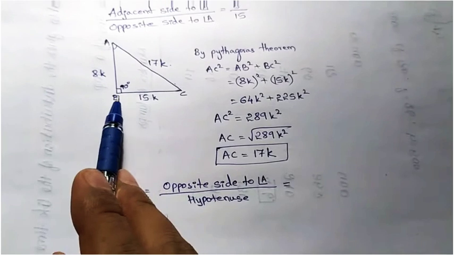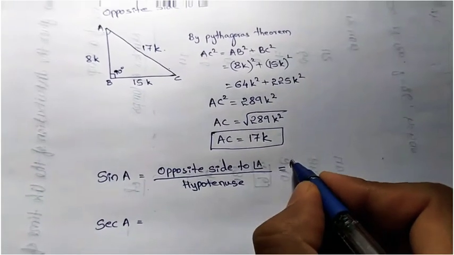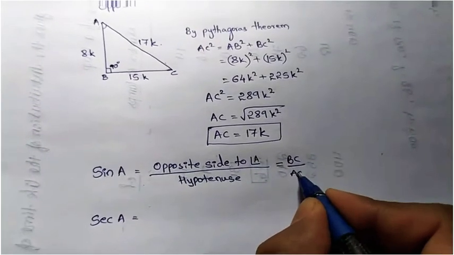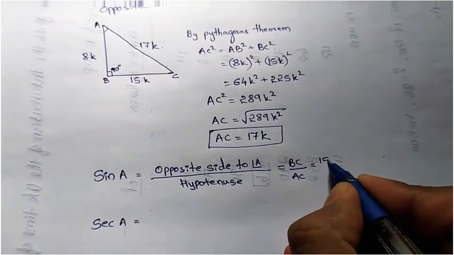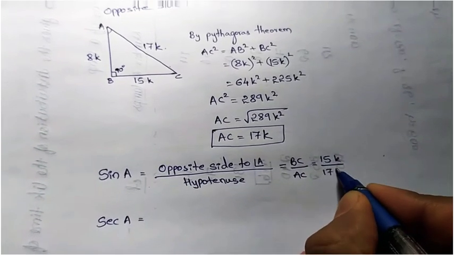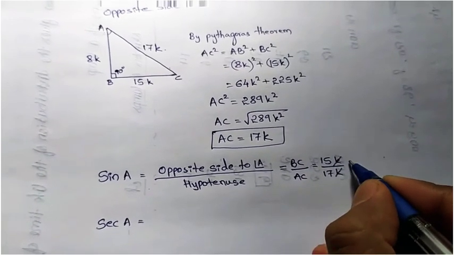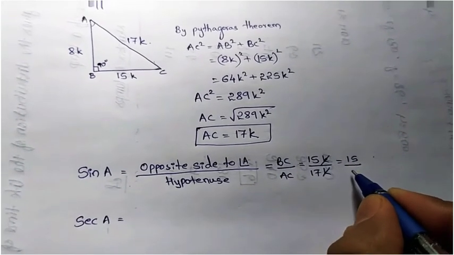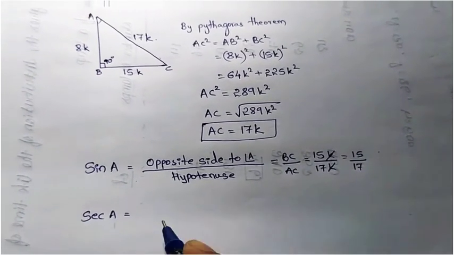For the angle A, the opposite side is BC, and the hypotenuse is AC. BC is 15k and the hypotenuse is 17k. So k gets cancelled. What is left? 15 by 17 is our answer.